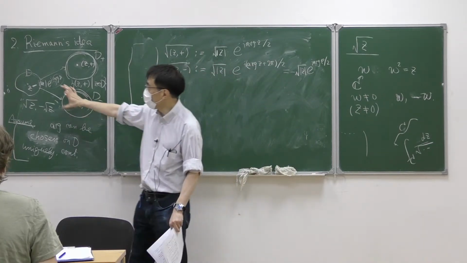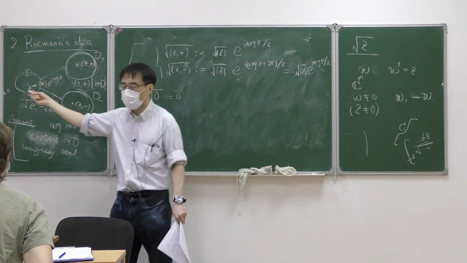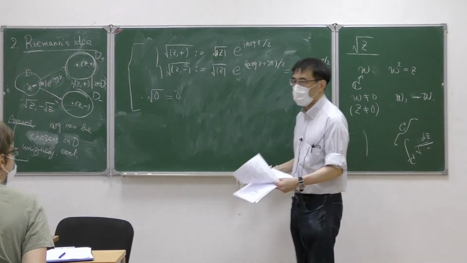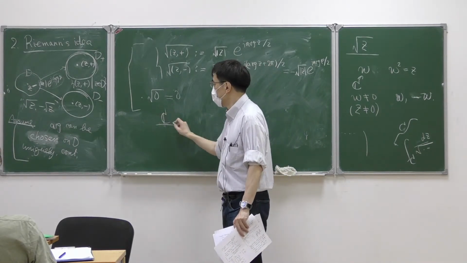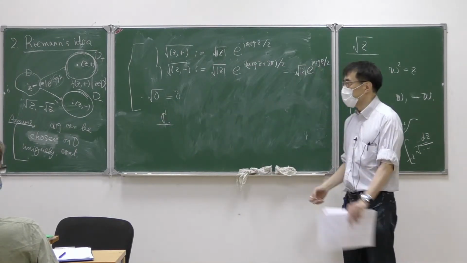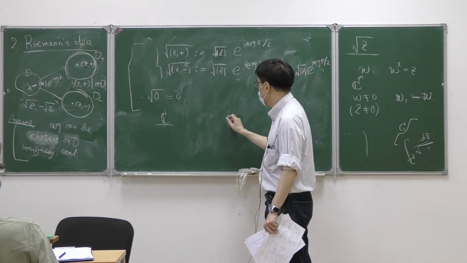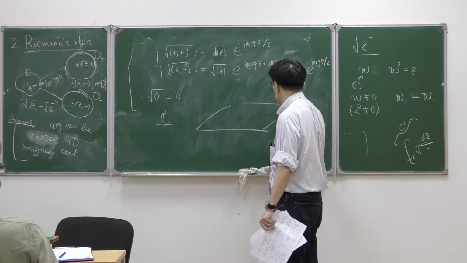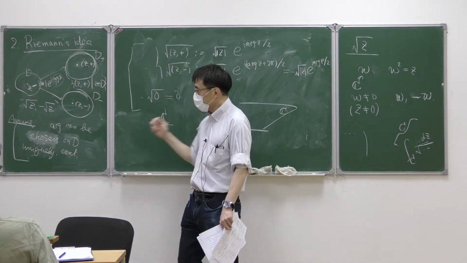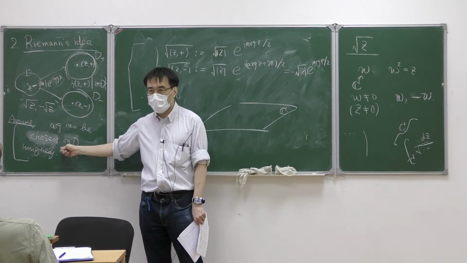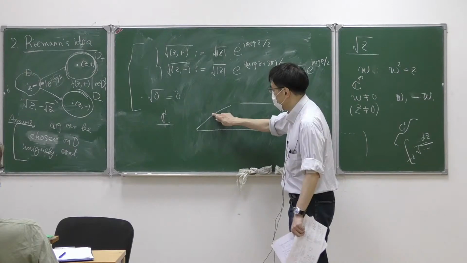So in a small region, it's okay. At 0, the square root is always uniquely defined. And then what should we do with the whole complex plane? Well, in this case, we cannot choose the argument continuously as we discussed, so let's cut it.